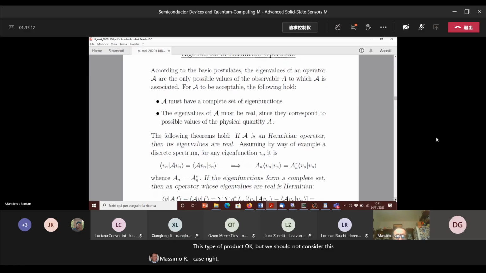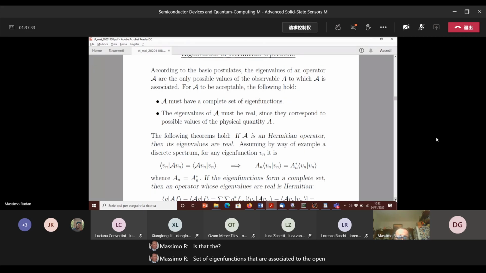Okay. Another issue is that apart from being Hermitian, the other thing that is necessary is that the set of eigenfunctions associated to the operator is complete.